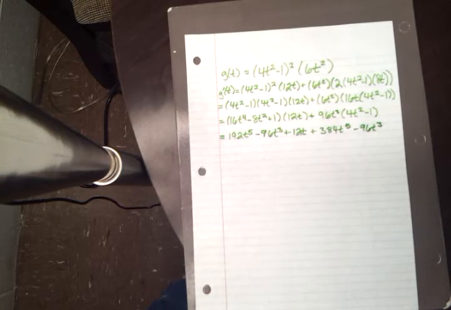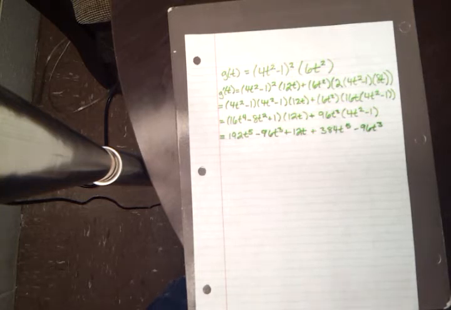Okay, what I want you to notice right now is that we're not dealing with any chain rules anymore. We're not dealing with any product rules anymore, because we took a little time to simplify this. And if we take it even one step further, it's going to be even easier. But because we took the time to simplify this, now we're just going to use the power rule, which is so much easier to deal with.